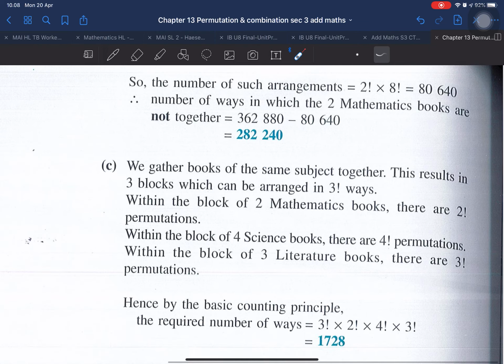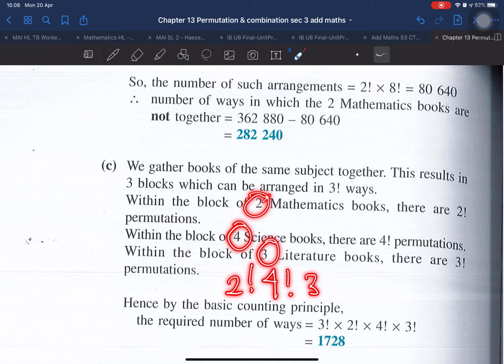Now, there are 3 different types of books. First one is mathematics. How many ways to arrange mathematics together? 2 factorial. How many ways to arrange science? 4 factorial. How many ways to arrange literature? 3 factorial.